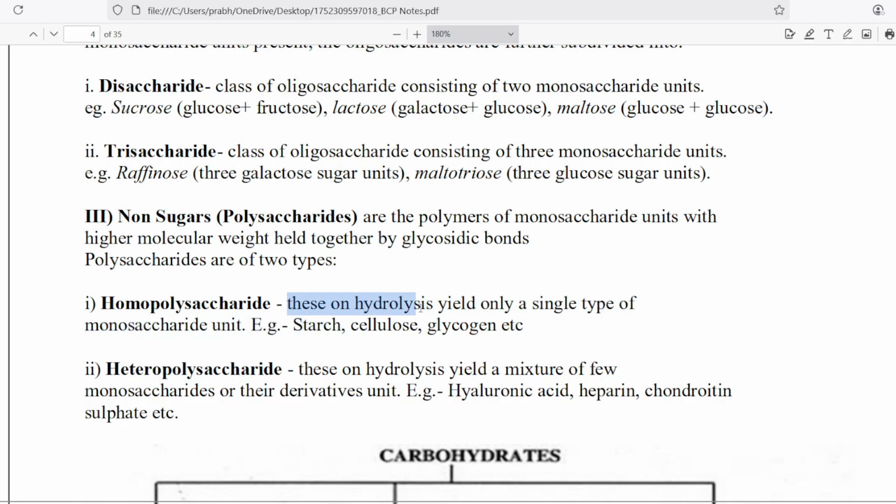Those which on hydrolysis yield only a single type of monosaccharide unit are known as homopolysaccharides. Examples are starch, cellulose and glycogen. Heteropolysaccharides on hydrolysis yield a mixture of a few monosaccharides or their derivative units. Examples are hyaluronic acid, heparin and chondroitin sulfate.